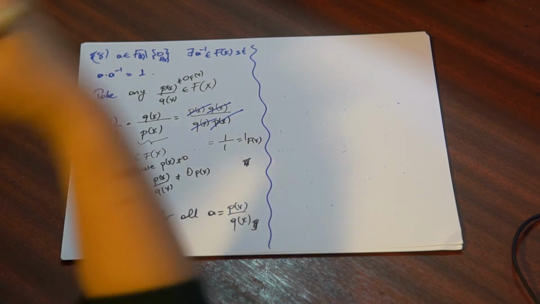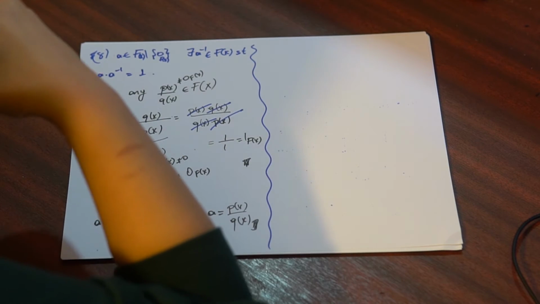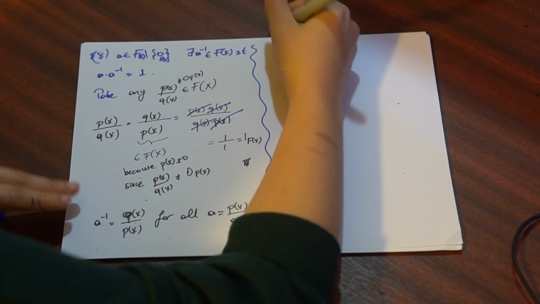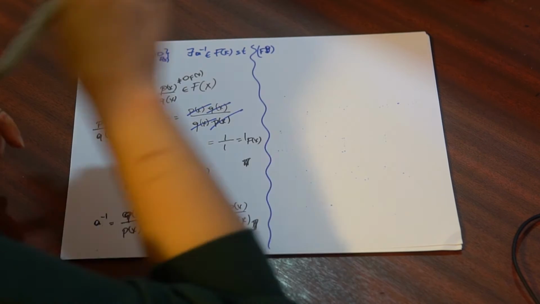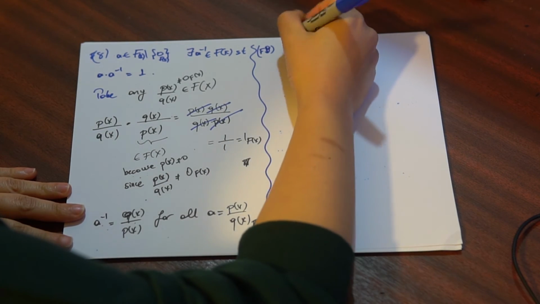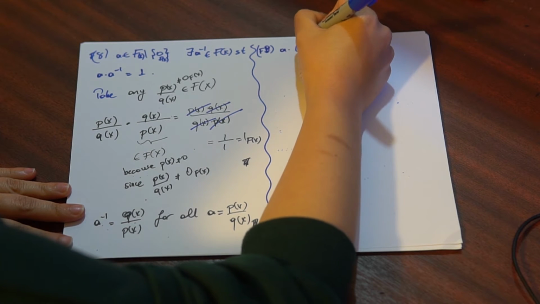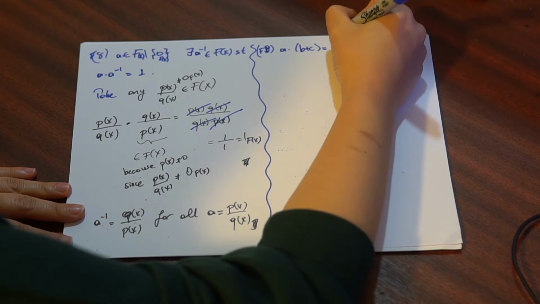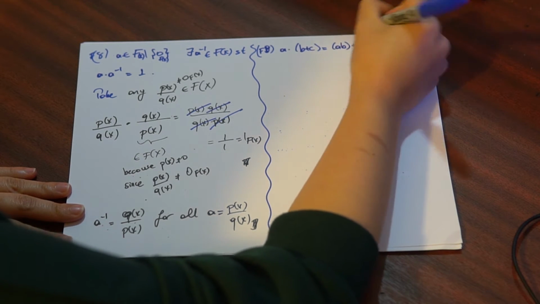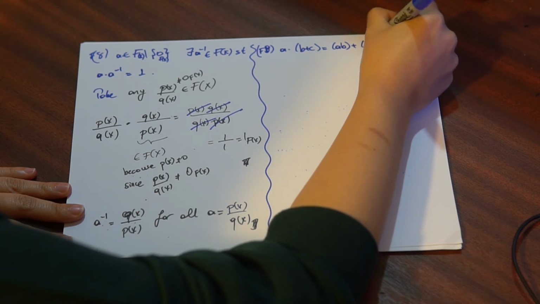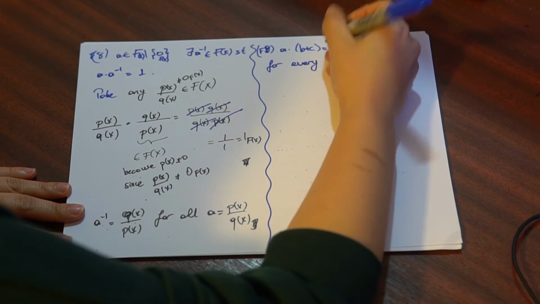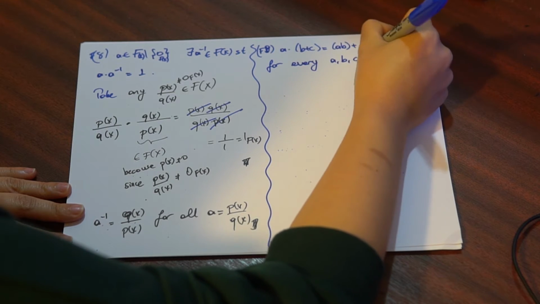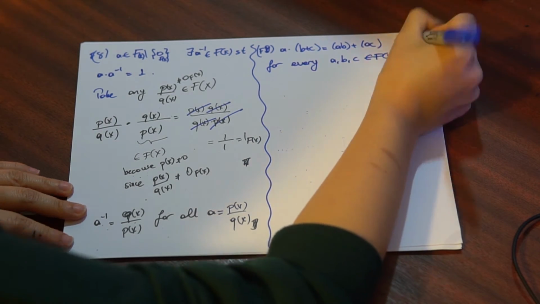So the last thing we need to show is that the product is distributive over the addition. So a times (b plus c) is equal to ab plus ac for every a, b, c in F(x).